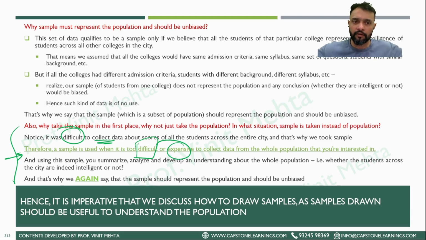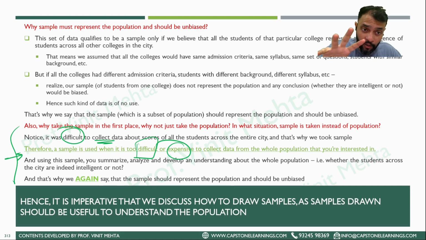Because अपने पास है ही नहीं पॉपुलेशन का डेटा. बराबर है. अगर पॉपुलेशन का डेटा अरेंज करना पॉसिबल होता हर सिचुएशन में तो सैंपल का जरूरत ही नहीं होता. क्या बोलते हो? हाँ. द फैक्ट दैट अपने पास पॉपुलेशन नहीं है तो सैंपल का जरूरत है, और सैंपल का जरूरत है तो कैन आई से वी विल हैव टू डू सैंपलिंग फर्स्ट.